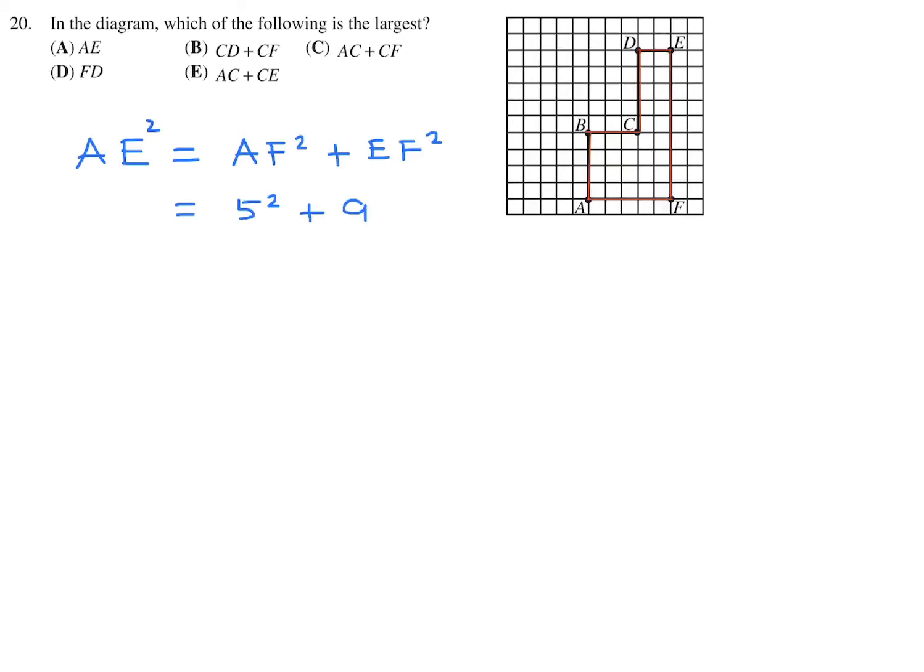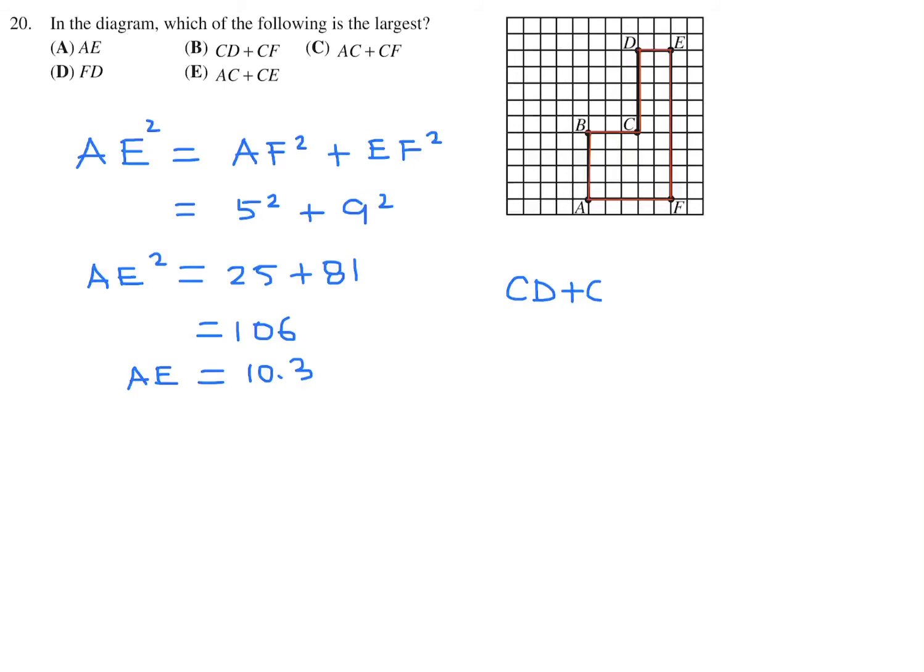So we got 25 plus 81, and that's going to be 106. You take the square root of that to get AE. And you are allowed to use calculators on the Canadian exams. So this becomes 10.3. All right, let's keep going here.